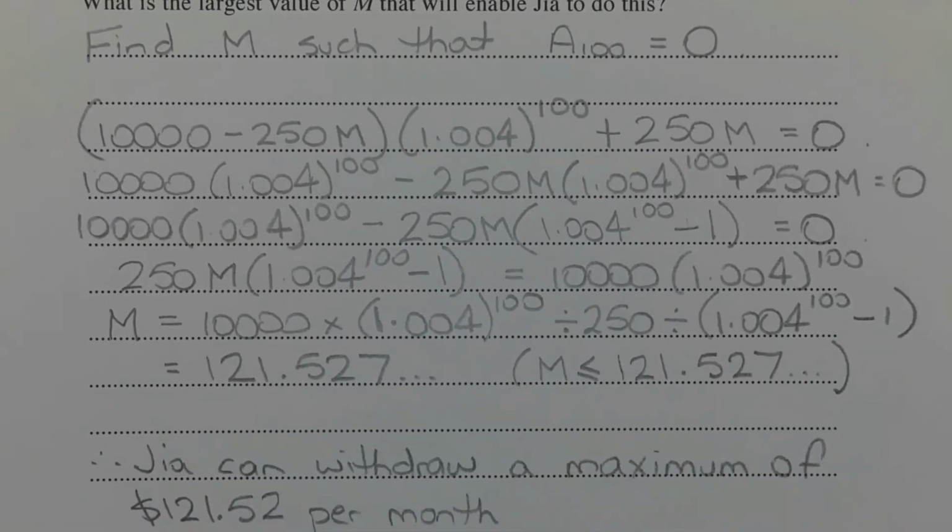Now we can make M the subject, and we do that by dividing the right-hand side by 250 times 1.004 to the power of 100 minus 1 in brackets. So writing that out, we get M is equal to 10,000 times 1.004 to the power of 100, so that's this term here, divided by 250, divided by 1.004 to the power of 100 minus 1 in brackets.